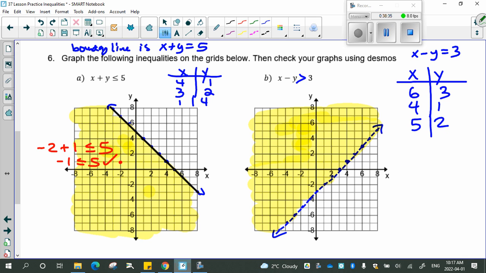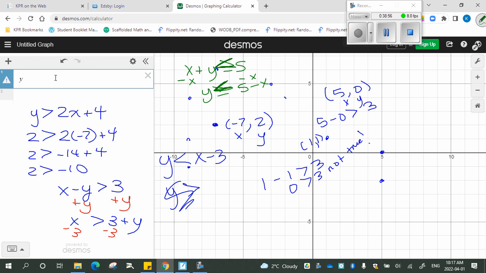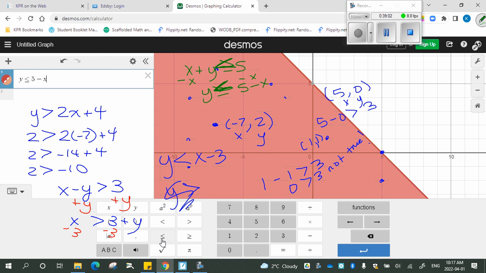Sorry, x plus y is less than or equal to 5. Okay, so that's going to be y less than or equal to 5 minus x. And that is the same, is it not?